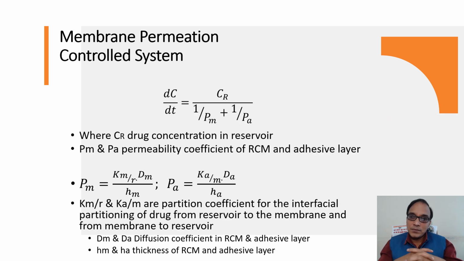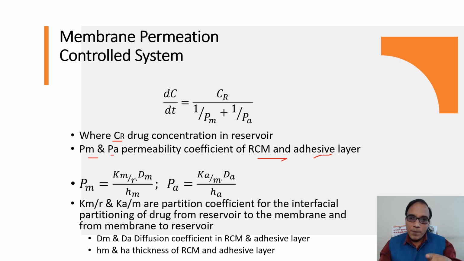Now let me tell you the rate of drug release there. dC/dt is equal to Cr upon (1/Pm plus 1/Pa), where Cr is the drug concentration in the reservoir, and Pm and Pa are the permeability coefficients of the rate controlling membrane and the adhesive layer.